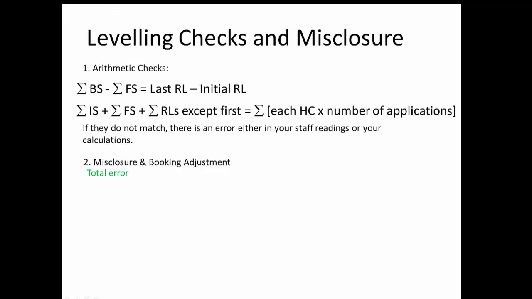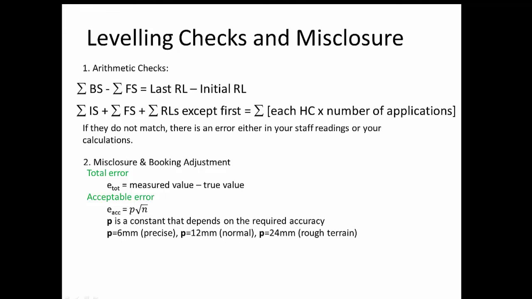For misclosure and booking adjustment, we work out our total error, which is the measured value minus the true value. Compare that to the acceptable error, which will vary for each survey, and the equation for that is p times root n, where p is a constant that depends on the required accuracy.